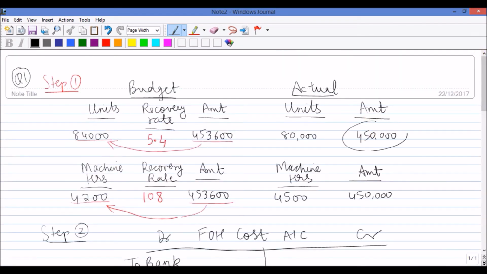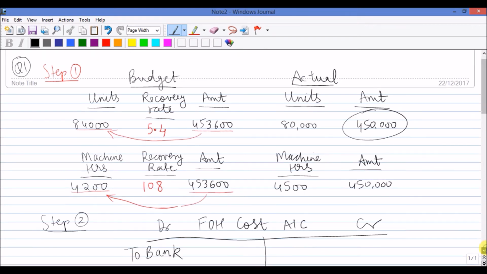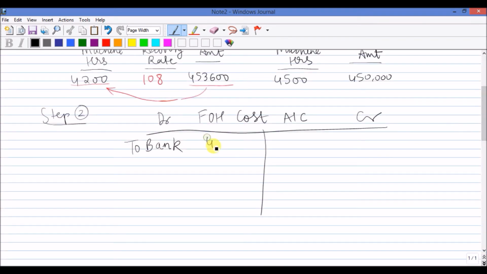So we have paid 4,50,000 rupees. So 4,50,000 is the actual overheads. Here we have to write by recovery of fixed overheads by the sale of units.